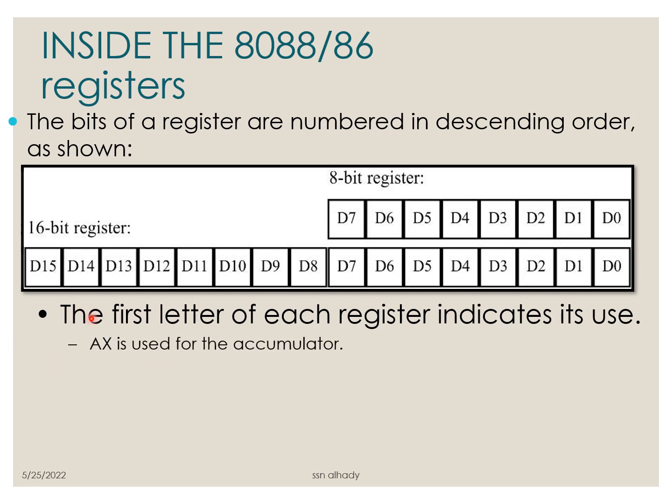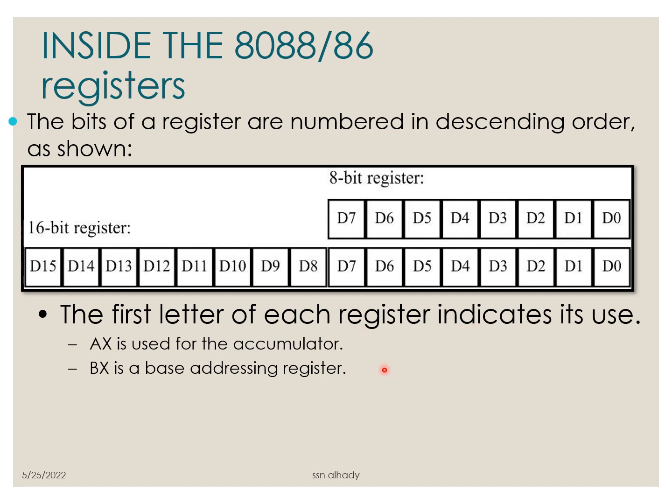This is the general purpose register. AX is used as the accumulator, and BX is used as a base addressing register.